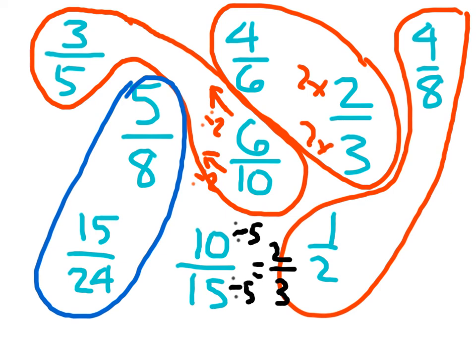Now for this video, you can just remember that 10/15, 2/3, those are equivalent fractions. Just like we can go in that direction, 10 divided by 5 equaling 2. Remember, it was 2 times 5 equaling 10, and 3 times 5 equaling 15. And so those are equivalent fractions as well. There's your lesson on equivalent fractions.